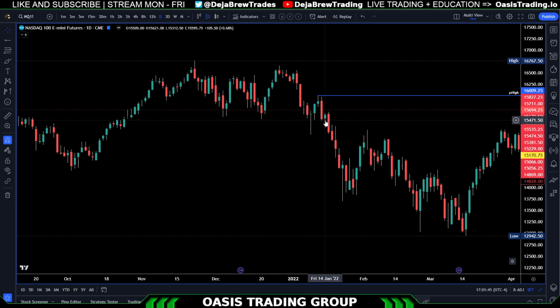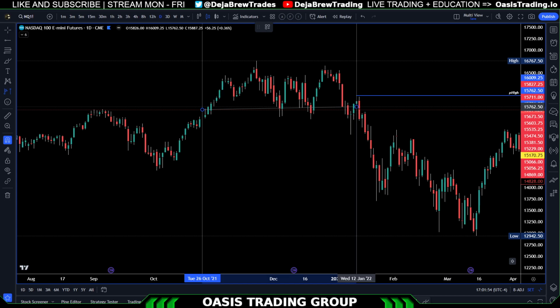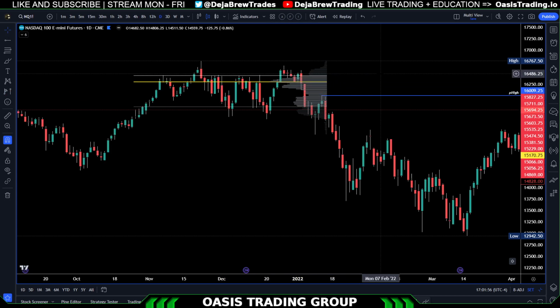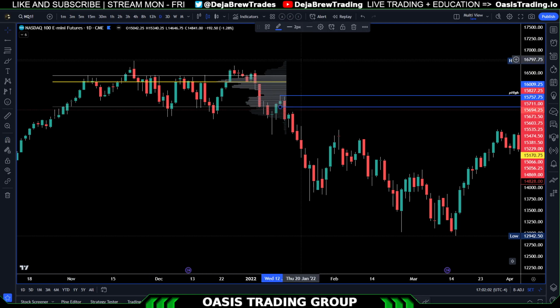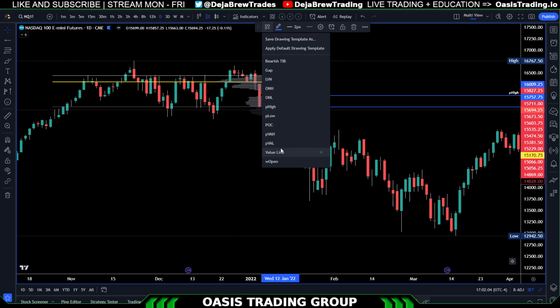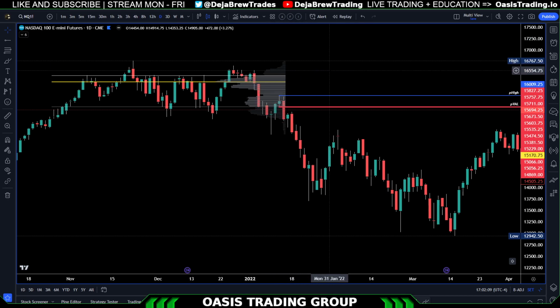And then honestly, what we should do is we should grab the value area of this entire zone right here. And let's go ahead and we'll make these a little bit bigger so we know that these are very old levels.